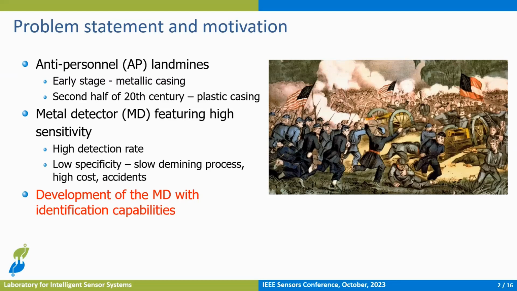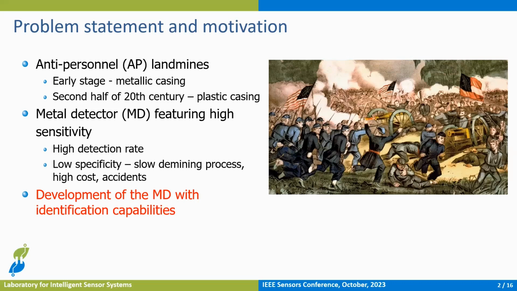As a result, modern metal detectors must feature very high sensitivity, and they achieve a high detection rate, but this comes at the cost of low specificity, meaning that they are not able to discriminate between harmless metallic clutter, which is found on the field, and metallic parts of a landmine.